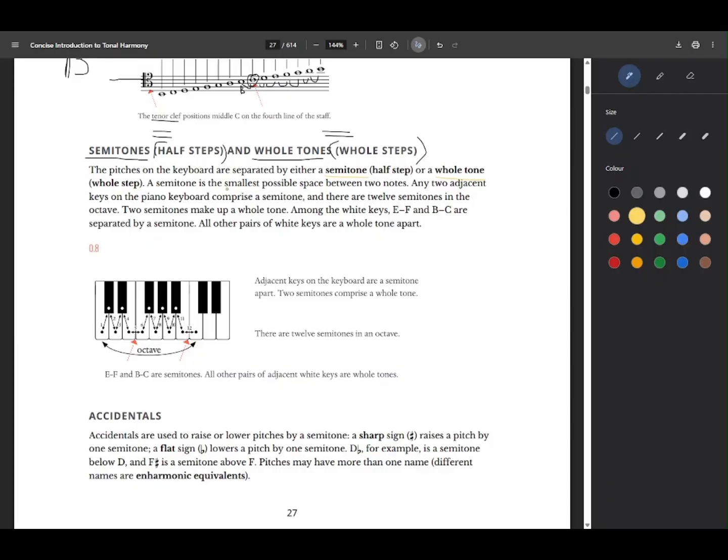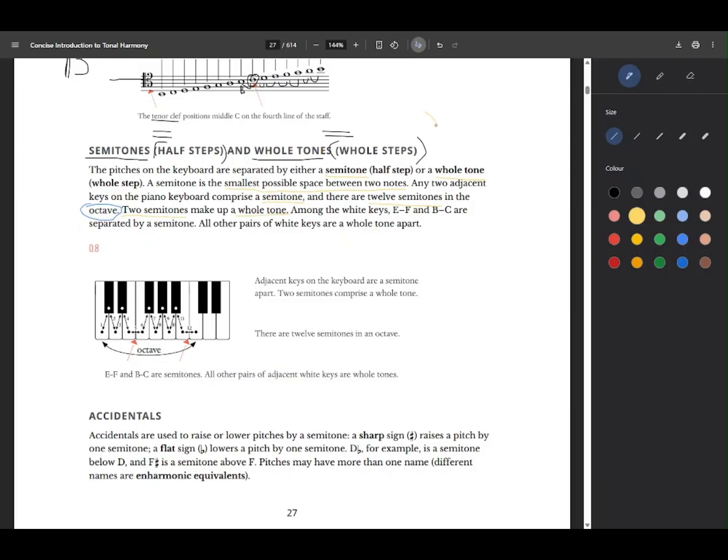A semitone is the smallest possible space between two notes. Any two adjacent keys on a piano keyboard comprise a semitone. There are 12 semitones in the octave that we've discussed before. Two semitones make up a whole tone.